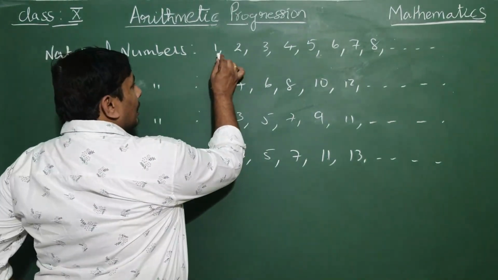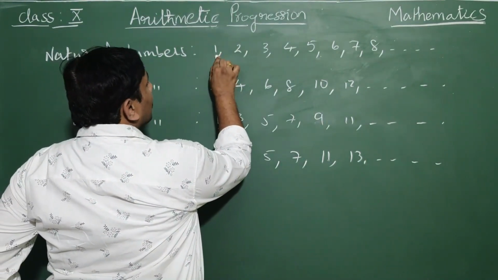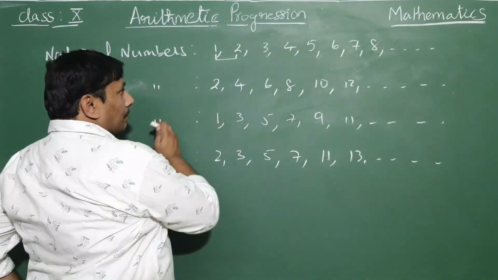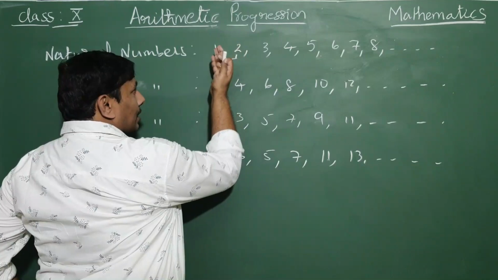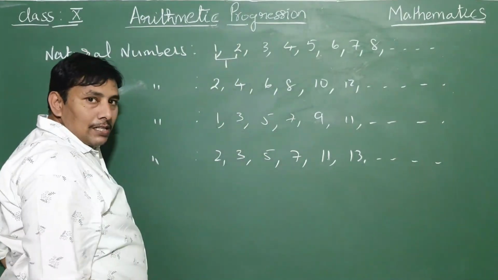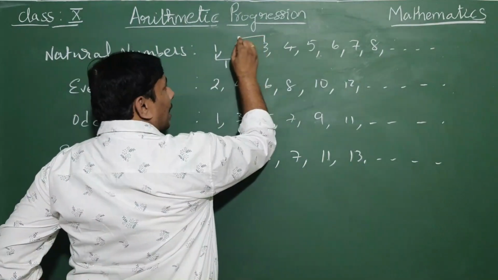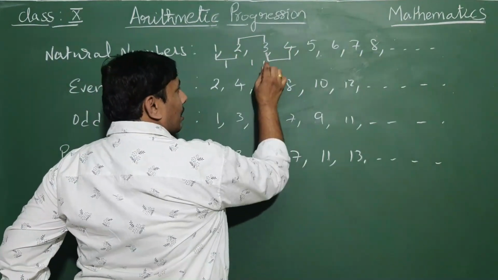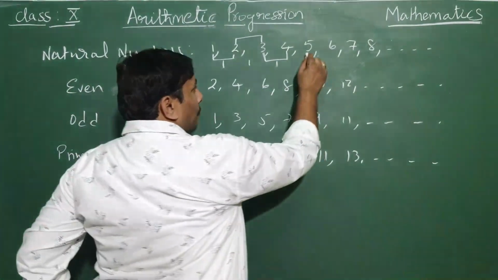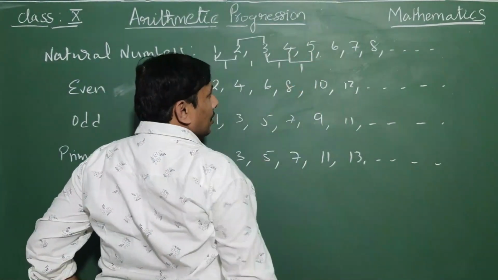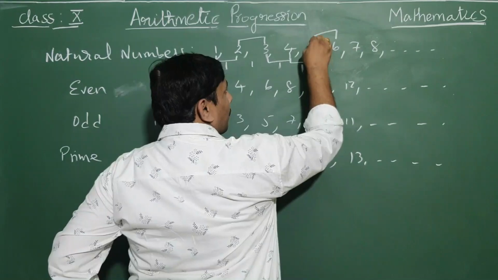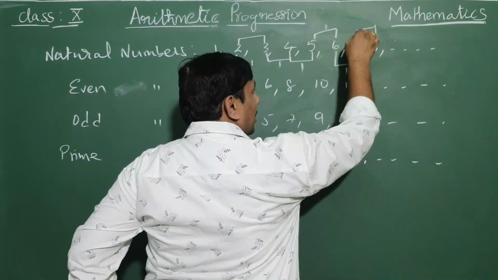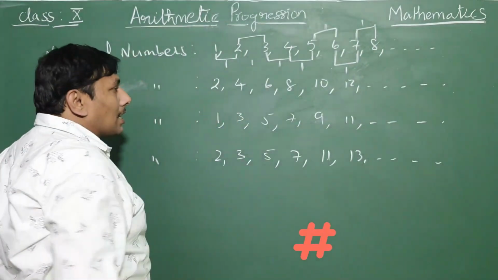Now if you see the difference between two terms, the preceding term and the next term, if you subtract 2 minus 1, the answer is 1. As well as 3 minus 2, the answer is 1. 4 minus 3 is 1. 5 minus 4 is 1. 6 minus 5 is 1. 7 minus 6 is 1. 8 minus 7 is 1.